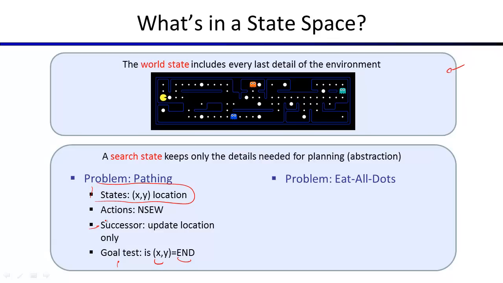Okay, let's do another one, and let's do this one together. Now the problem is to eat all the dots in this board. What's a possible state space? So I hear location. I hear food location. I hear ghost location. Say that again?